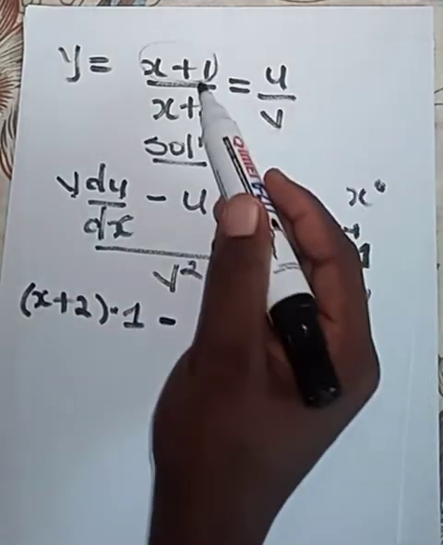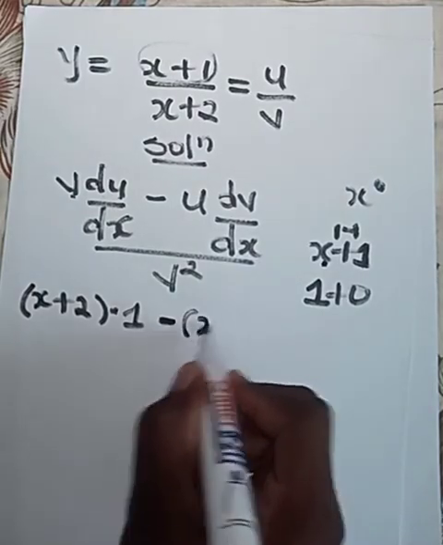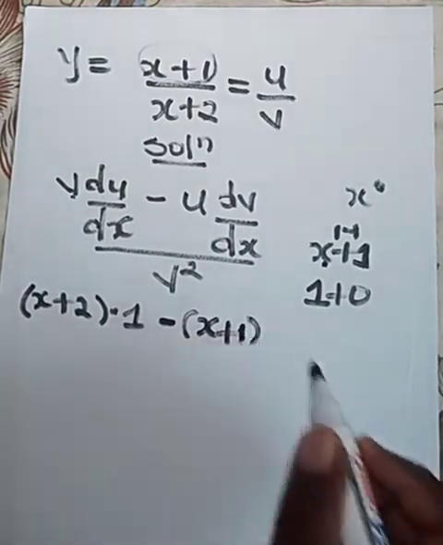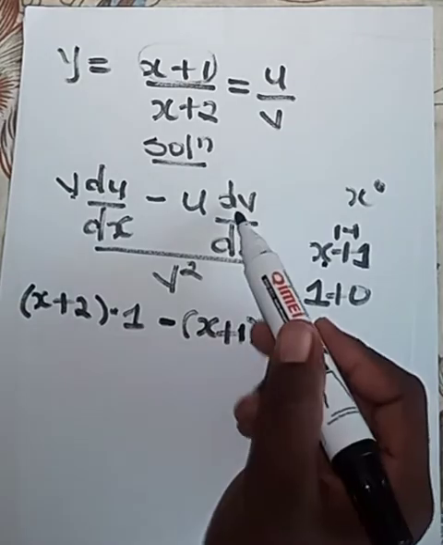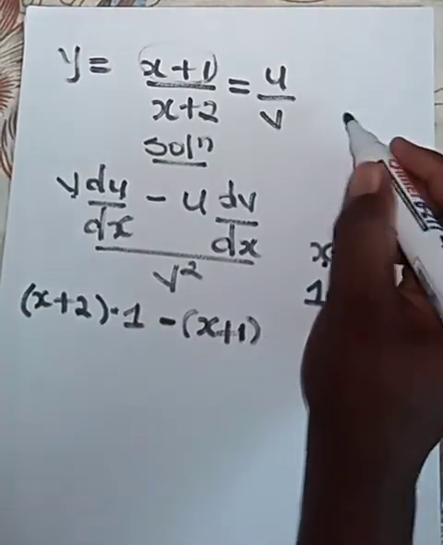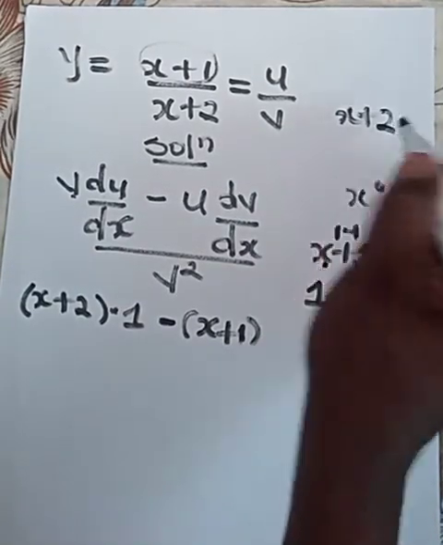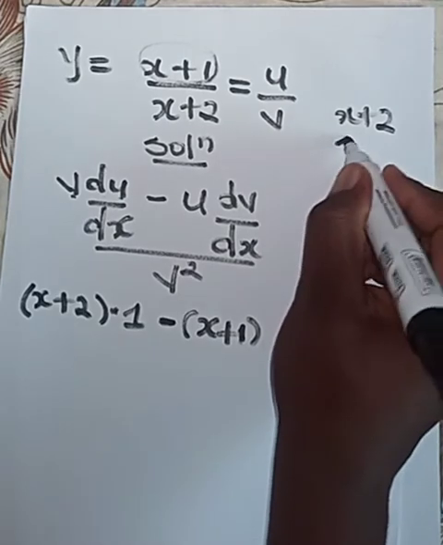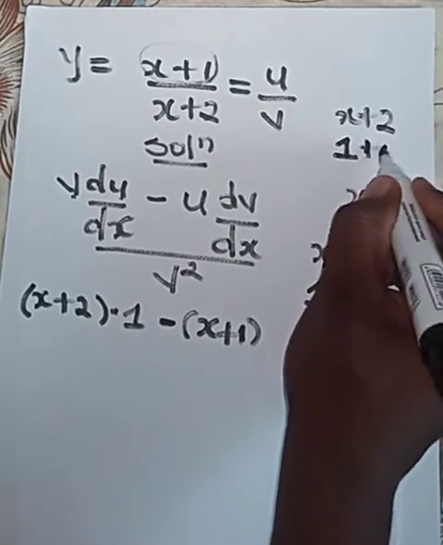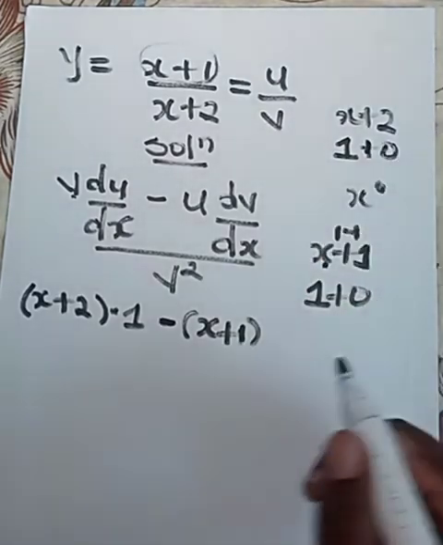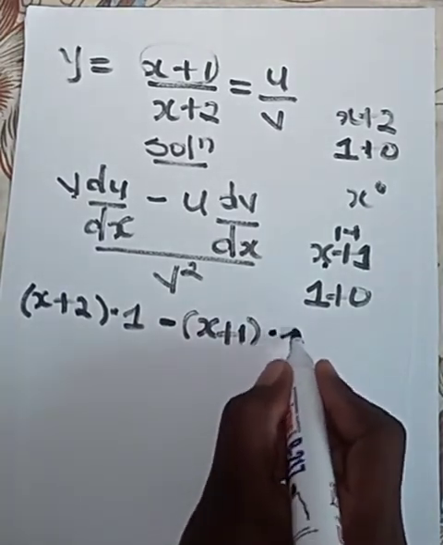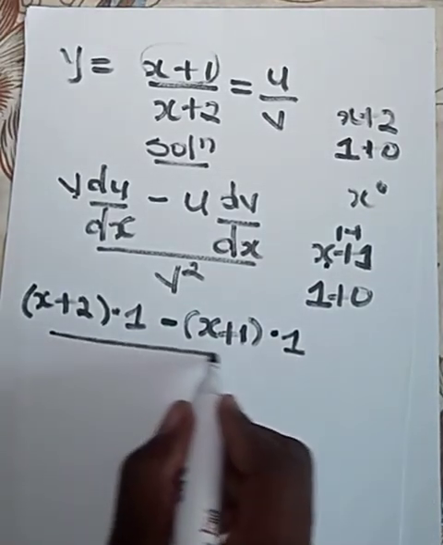We simply write back the top again, x plus 1, then dv. We differentiate x plus 2 also. We're obviously still going to have 1 because the derivative of a constant is 0. Any constant, be it 1000, is still going to be 0. So it's times 1 again. And so we divide all that by what?